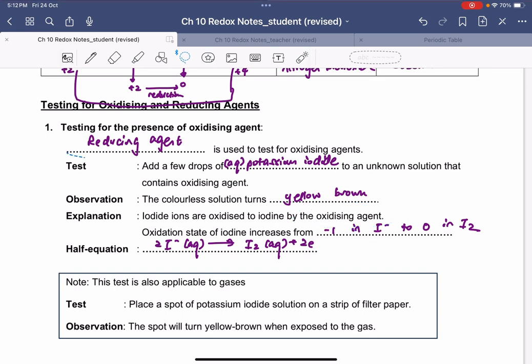So if I add a reducing agent, an oxidizing agent must oxidize the reducing agent. So how I see the difference is, if there is a reaction in your iodide and there is a change in color, I can safely say that the change in color is due to the presence of oxidizing agent.